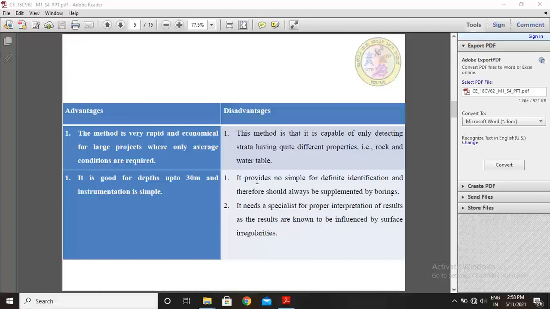So these are the advantages and disadvantages for executing in-situ electrical resistivity methods.